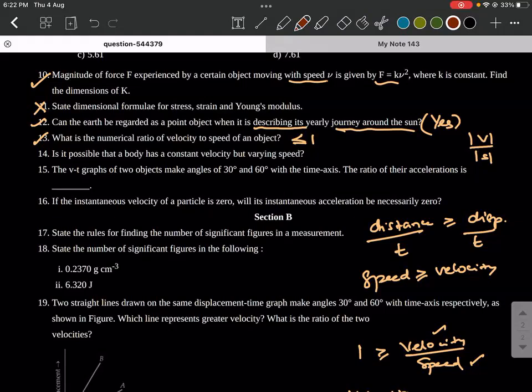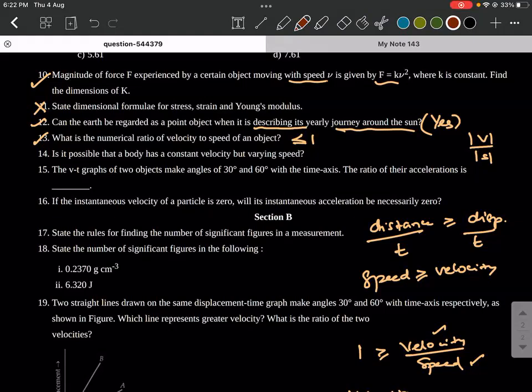If the object goes from point A to point B, covering 10 centimeters, and then comes back half the distance, 5 centimeters, the distance is 10 plus 5, 15. But the displacement is 5. That is why displacement is always less than or equal to distance.